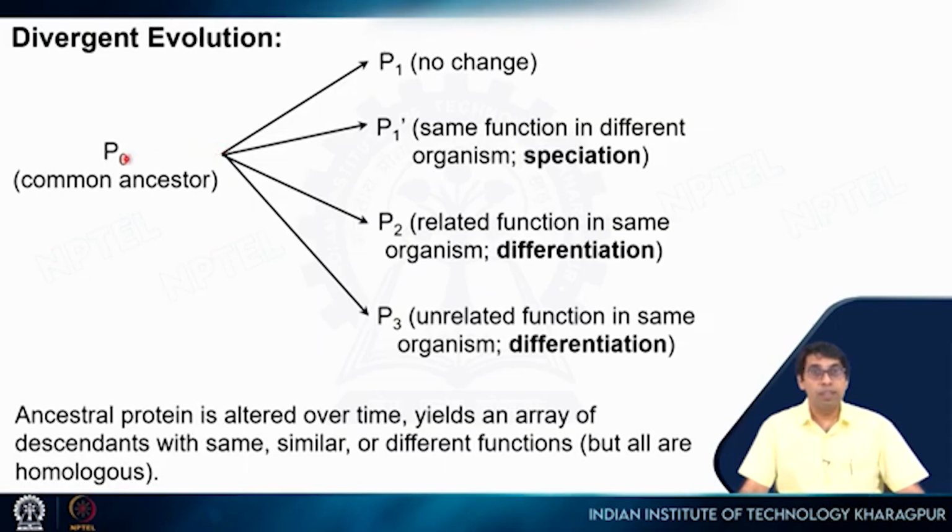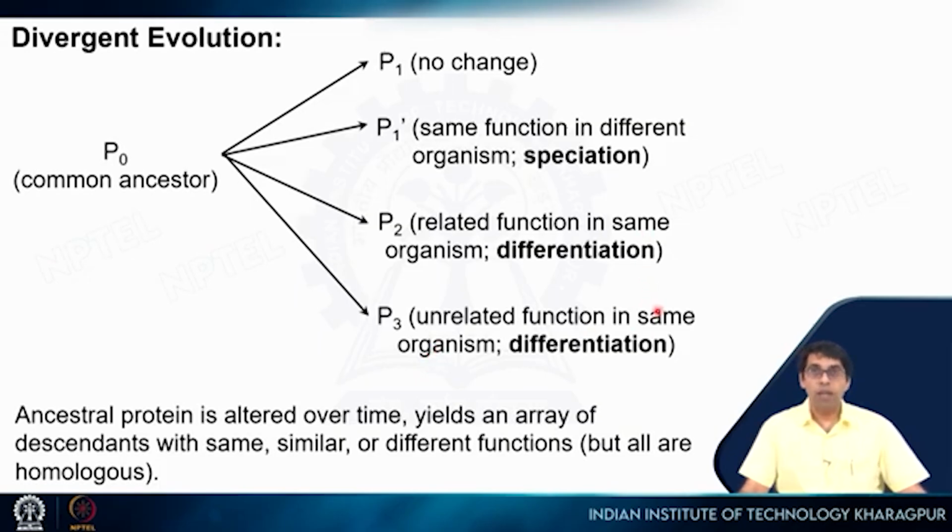The same protein or the same gene can get duplicated, and the function may change, to something very similar or slightly different, but in the same organism. In this case it is differentiation. The sequences will be very similar, however, they have slightly different functions, or it can be a completely different function, right?